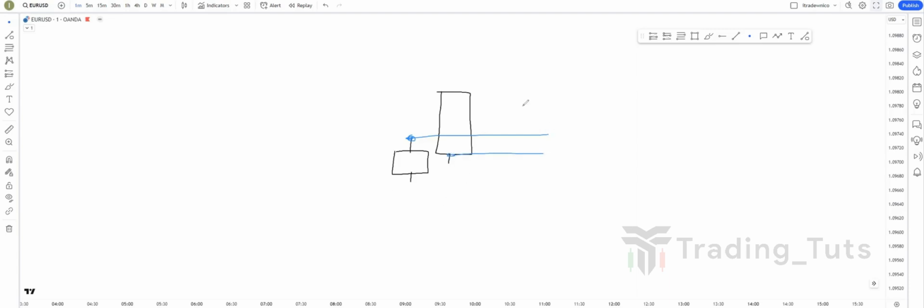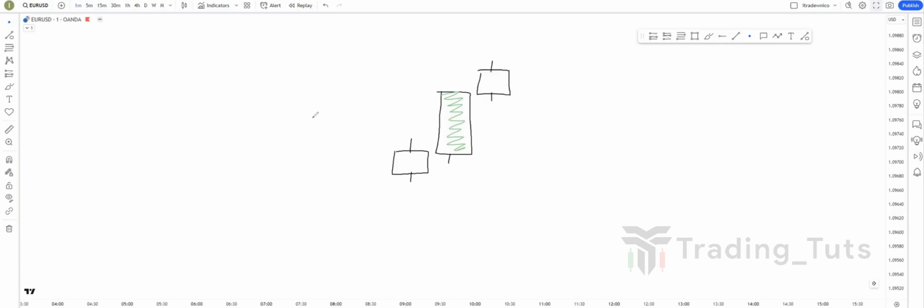When it comes to the hidden base, we can use those 2 levels. But again, let's take a little step further between fractals. Let's say this is an order block. So let's say we have our bullish push right here. We have also another candle right here.